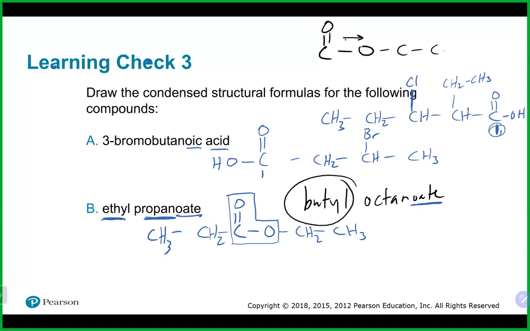So 1, 2, 3, and 4. Going in the other direction through the double bond is going to give us our 8. And I already have one, so I'm halfway there. Not really, still not halfway. Now maybe I'm halfway there. I'm just really drawing carbons. I hope I hit 8 there. 1, 2, 3, 4, 5, 6, 7, 8.